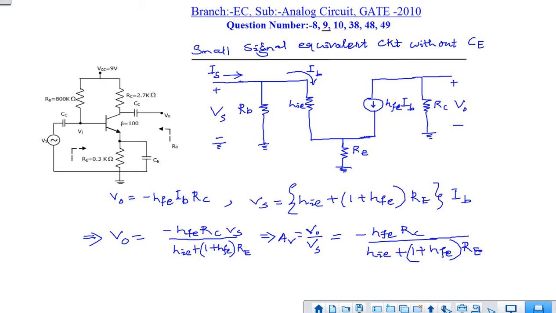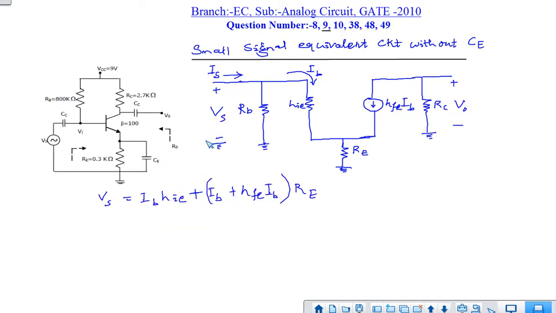Now let us find the input impedance. We can write Vs as IB hie plus hfe IB plus IB, that is, the sum of both currents flowing through this RE. Hence it will look like this. By simplification we can take IB common. If we apply KCL across this node, then IB will be equal to IS minus the current flowing through RB, which is Vs by RB.